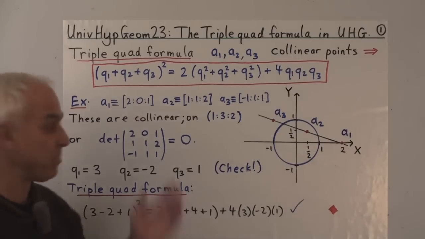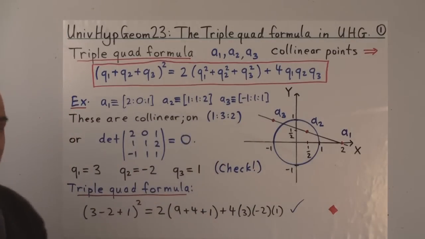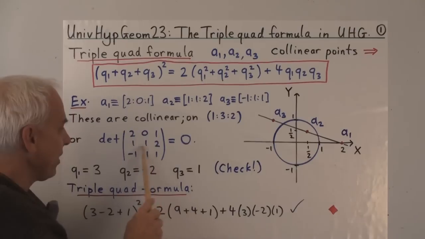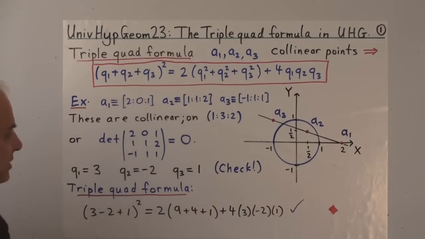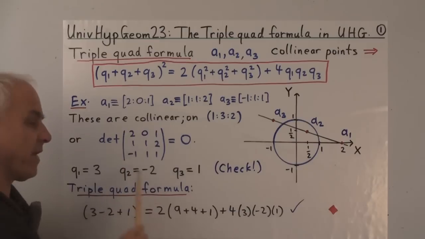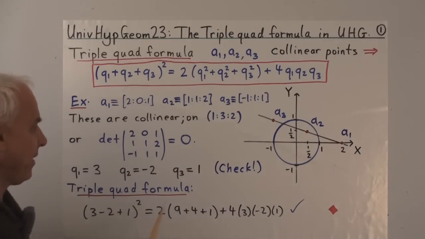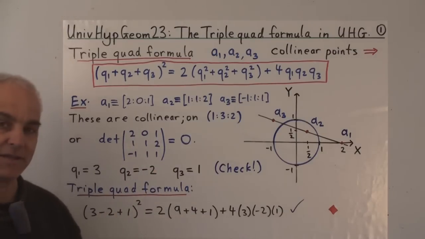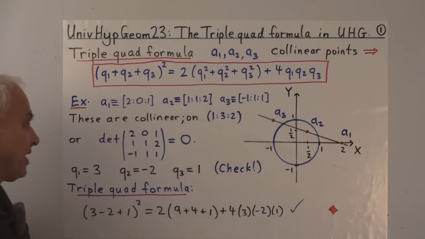Another way of checking that the 3 points are collinear is by computing a determinant. If we put the 3 coordinates along the rows of the matrix and take the determinant of that matrix, then we get 0. Let me remind you that the determinant of a 3 by 3 matrix like this is the sum of 3 terms with plus and minus signs. It's 2 times 1 times 1 minus 2 times 2 times 1.